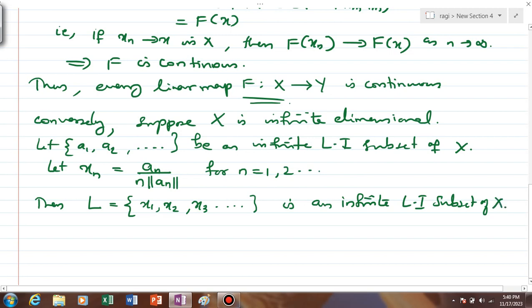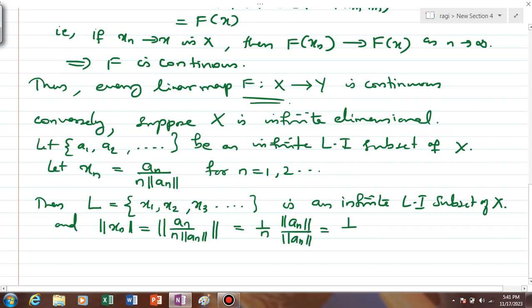And there is one more property: the norm of each xn is norm of an by n times norm an, which is 1 by n times norm an divided by norm an, equal to 1 by n for every n.